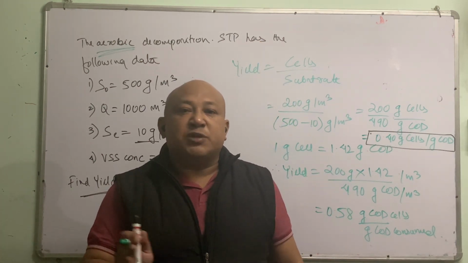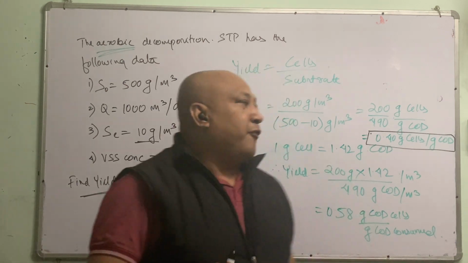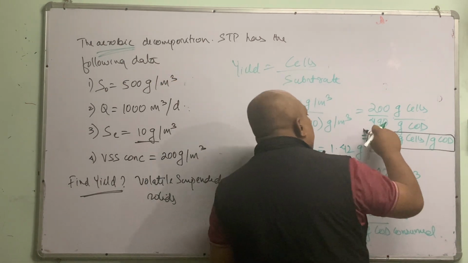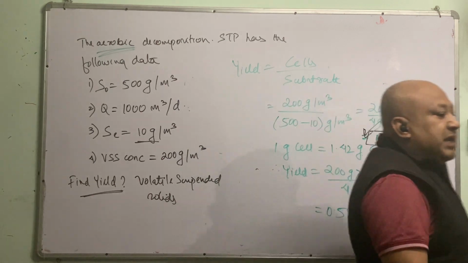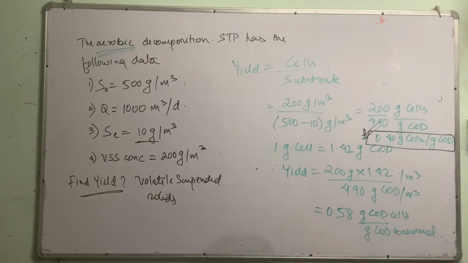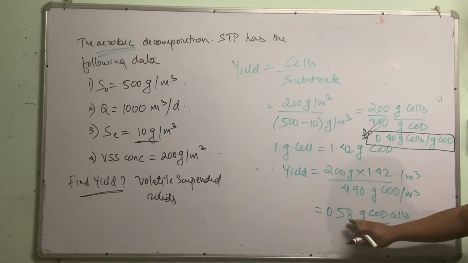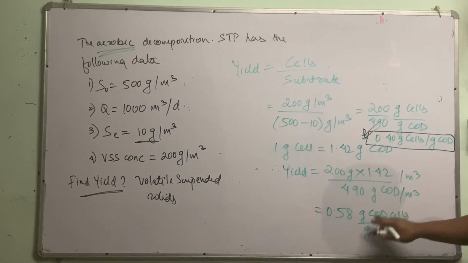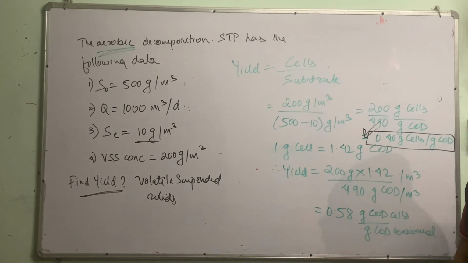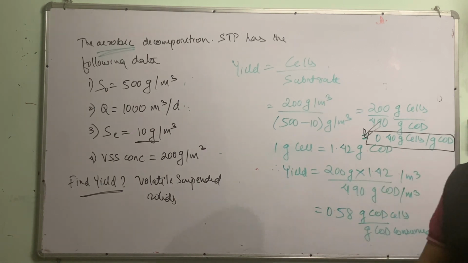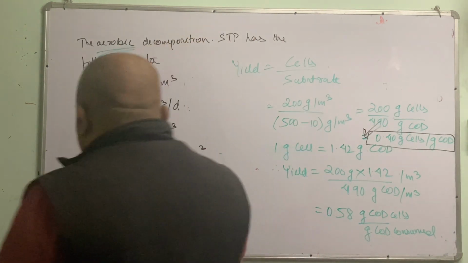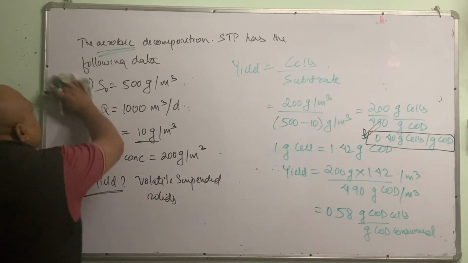That is, calculation of COD is not going to be exact. Therefore, in practical situations, we sometimes get a lower value. Theoretical, we got 0.42. So this way also we can find it out. This is 0.5 gram of COD of cells produced per gram of COD consumed. This way also and this way also. Is it okay? Number one. Number two, we are going to estimate how much oxygen is required.